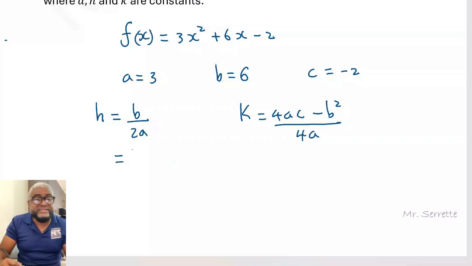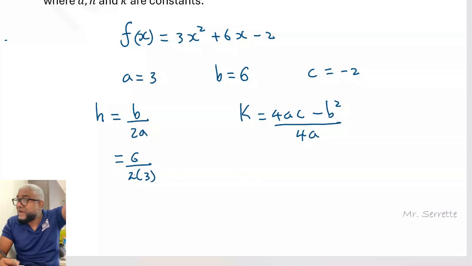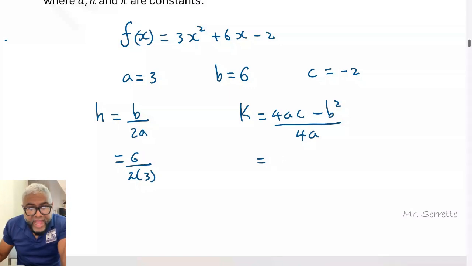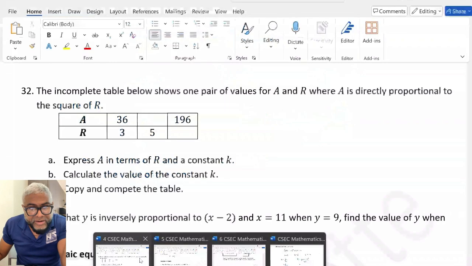What is B? Let's go. 6 divided by 2 multiplied by... It looks hard when I write all those notes above it, but realistically, it's easy.